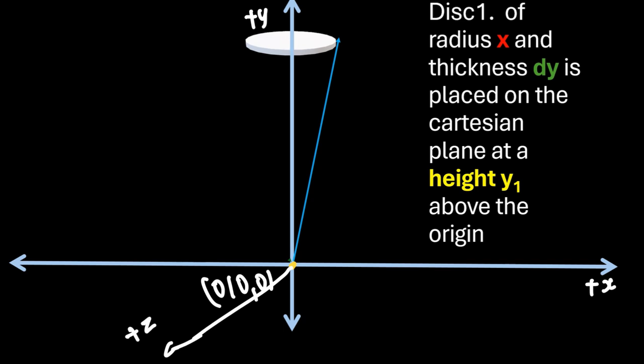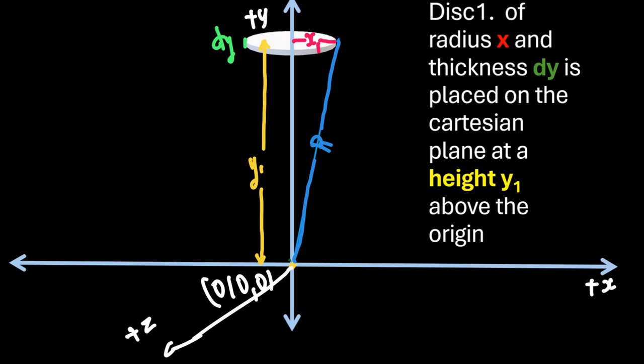This disk is kept at a height y1 from the origin, and has a radius x1, with a thickness dy. So this thickness here is dy, and this measure here is r.